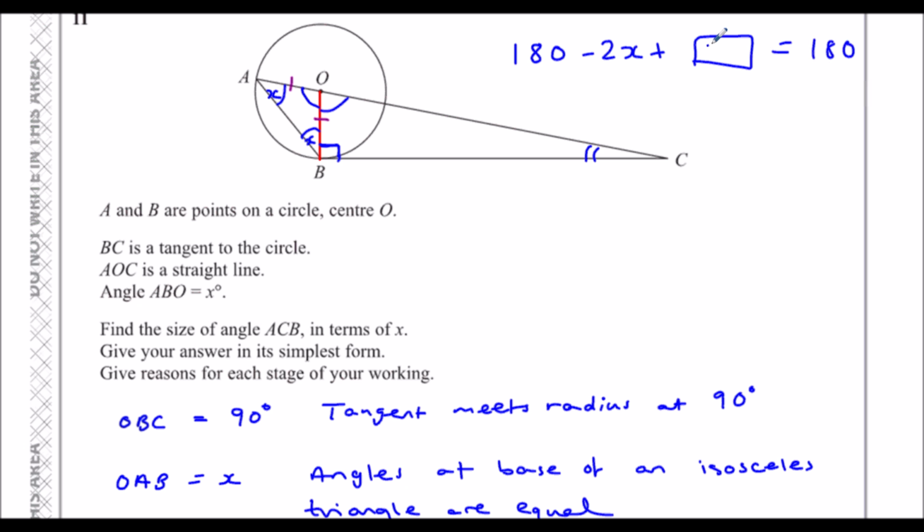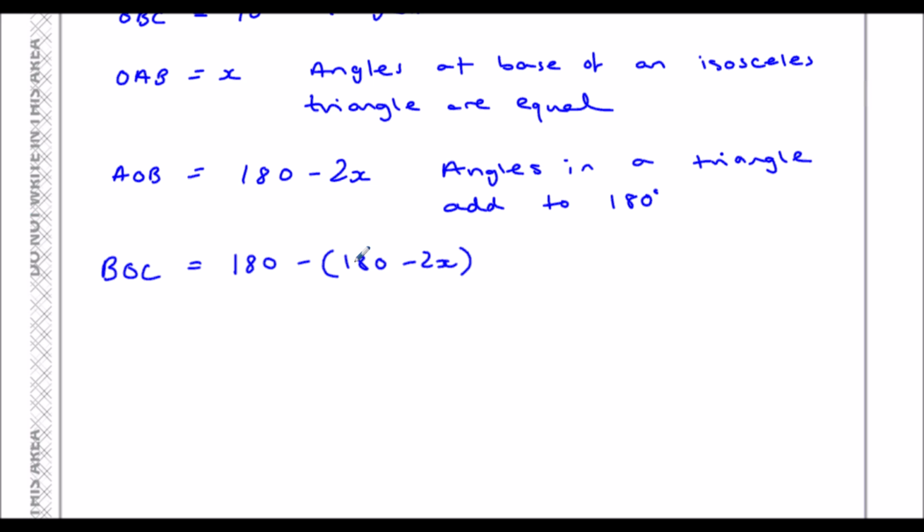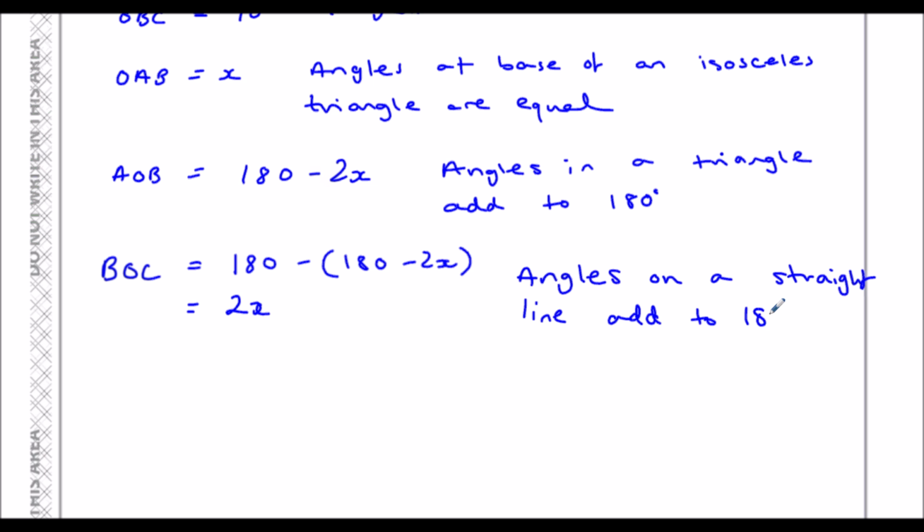It must be 2x. So 180 minus 180 is nothing, and minus minus 2x is 2x. And that is because angles on a straight line add to 180.